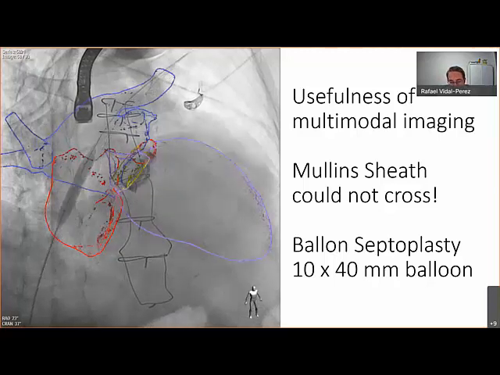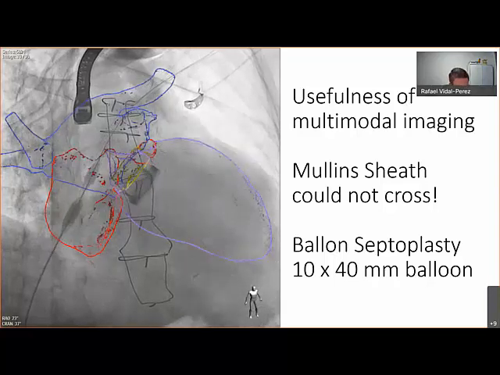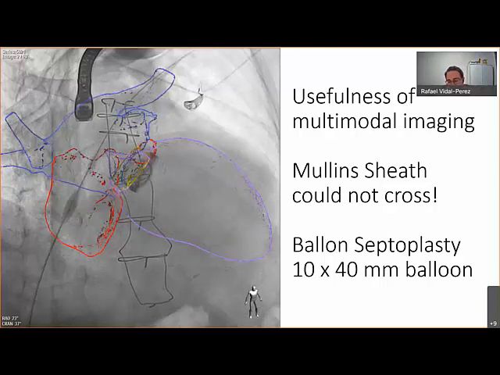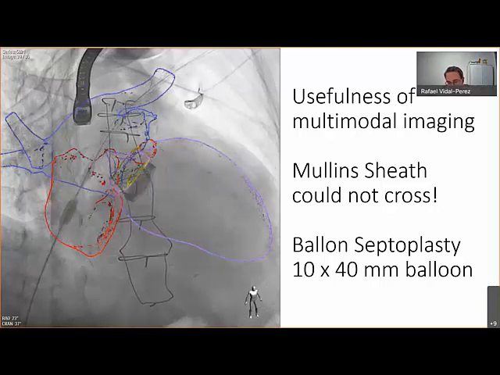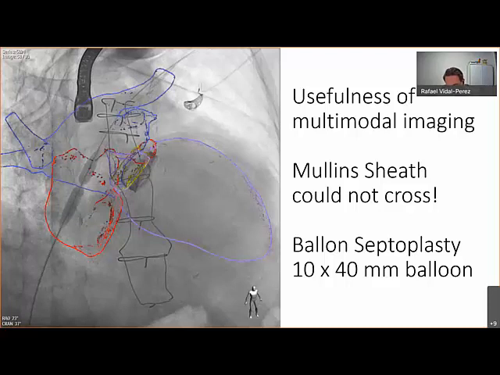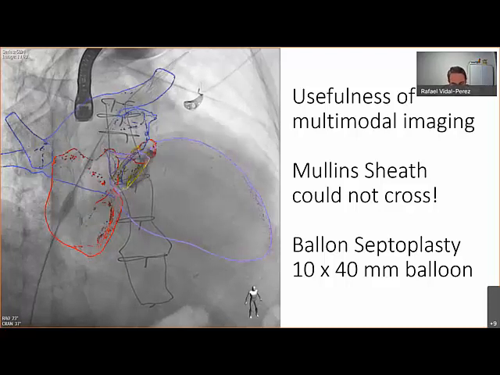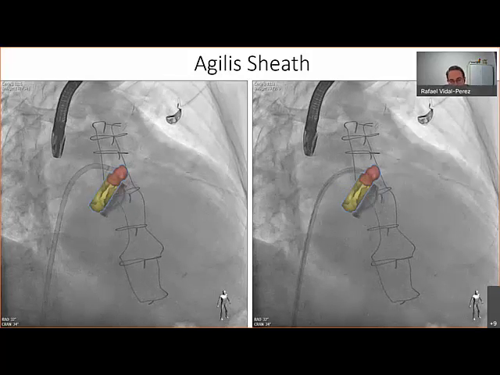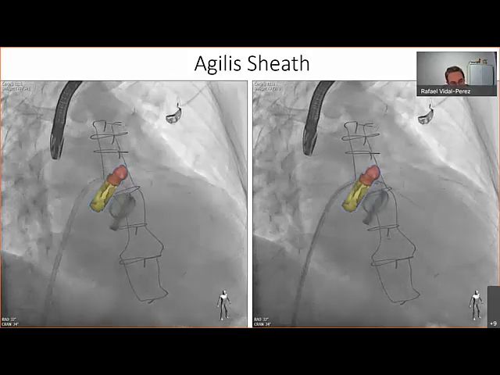In this case, the Mullins sheath couldn't cross the fossa ovale, well, the interatrial septum, so they needed the help of a balloon septoplasty to get the access for the sheath.